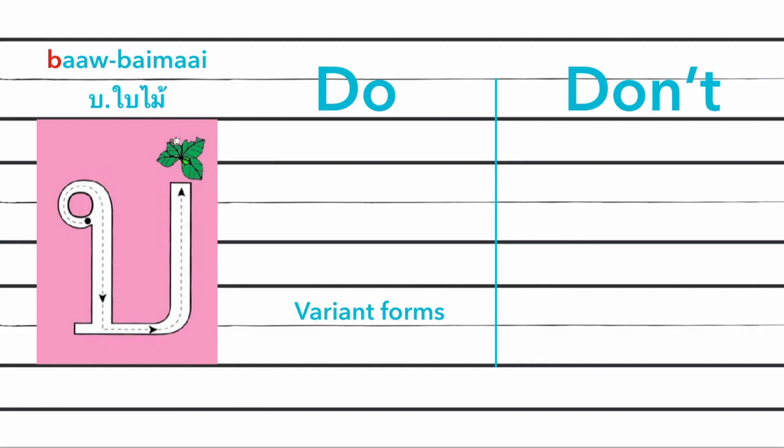บอใบไม้. Start from the small circle at the top of the line, right down, then to the right and right up.